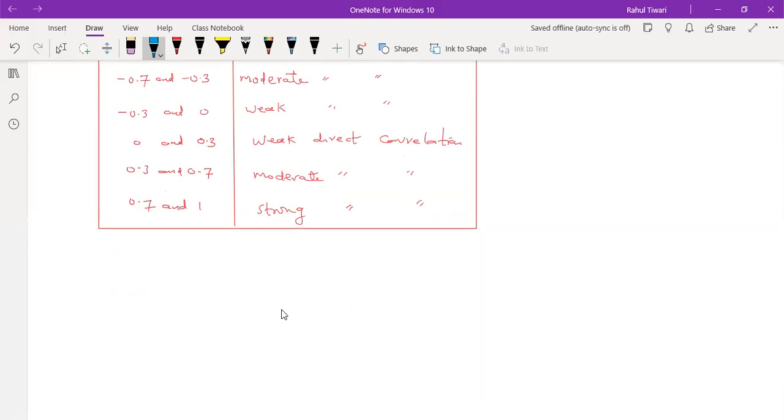So let's see the properties one by one. Properties of correlation coefficient.